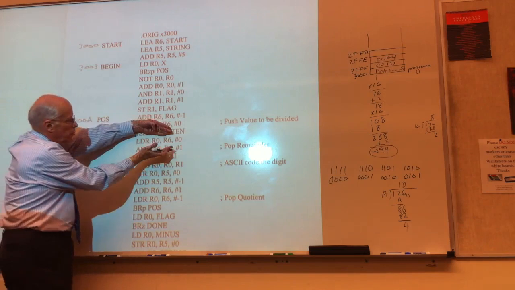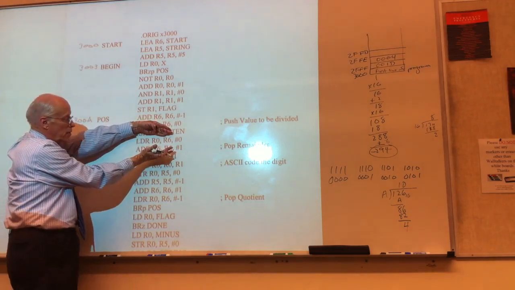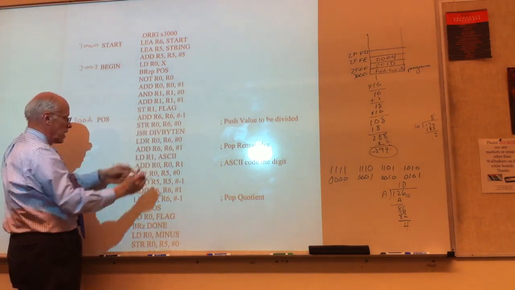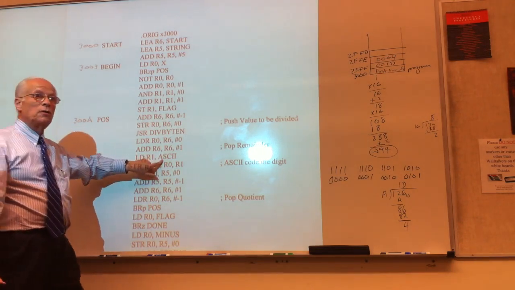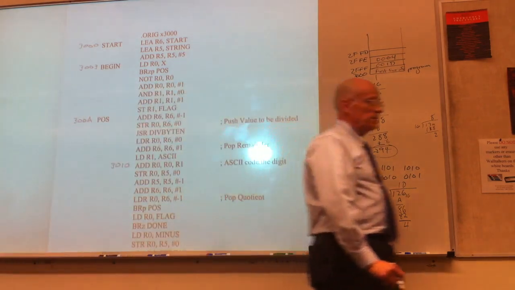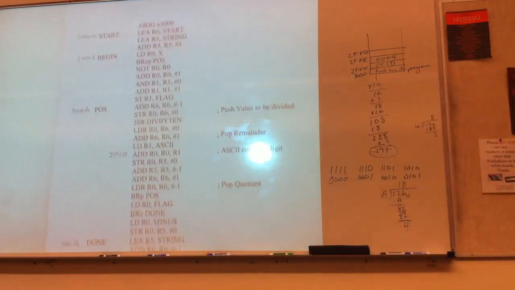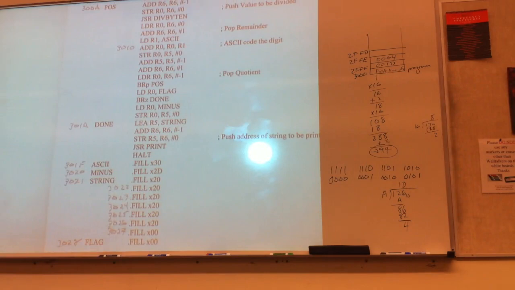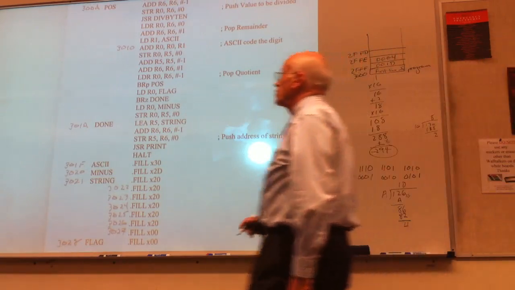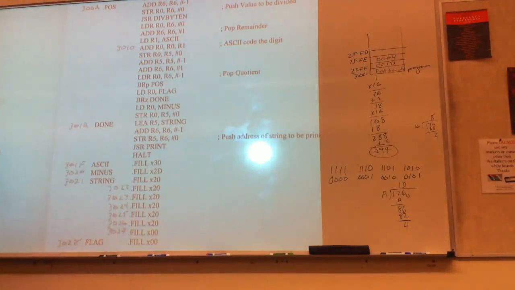Okay, this is a pop routine. These two instructions together are a pop to get things off of the stack. Load register 1 from ASCII. What's down there? Well, there it is. It's a hex 30. So that's what we get in register 1 now.